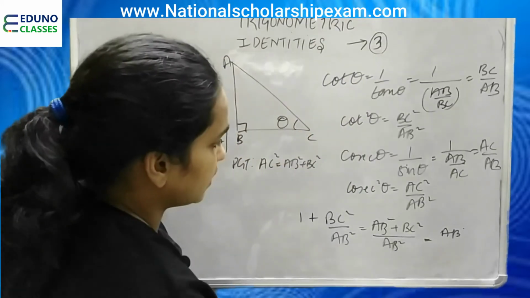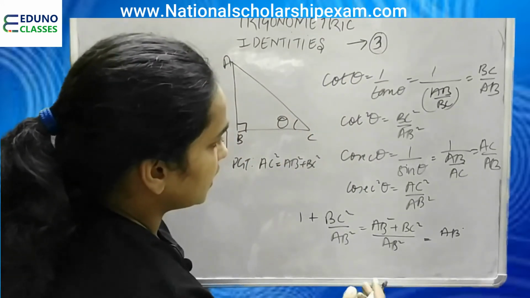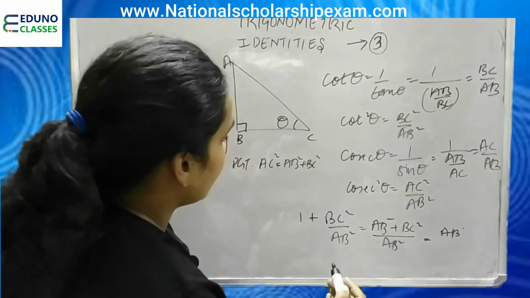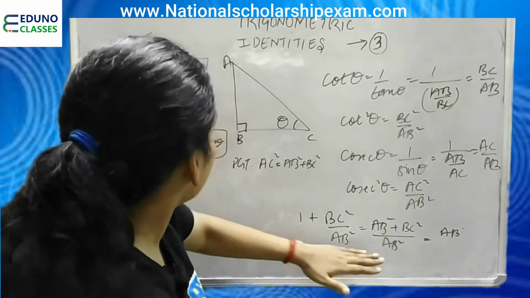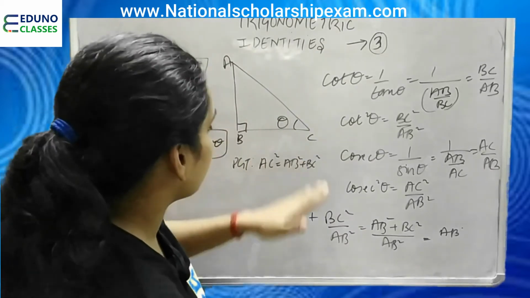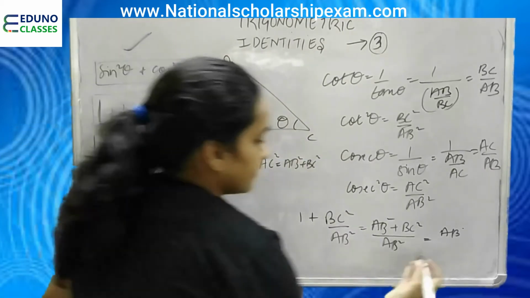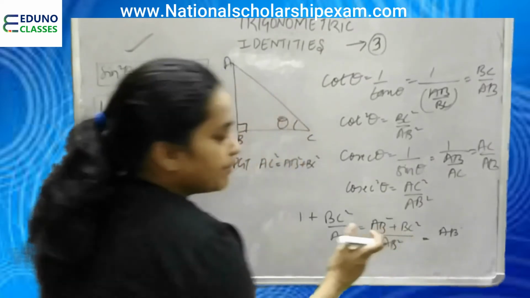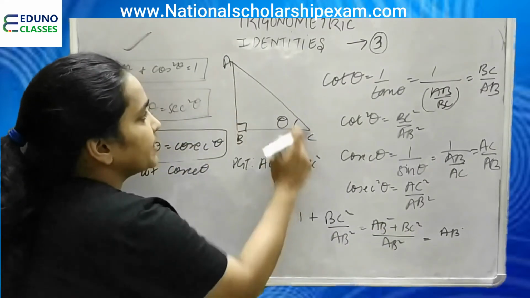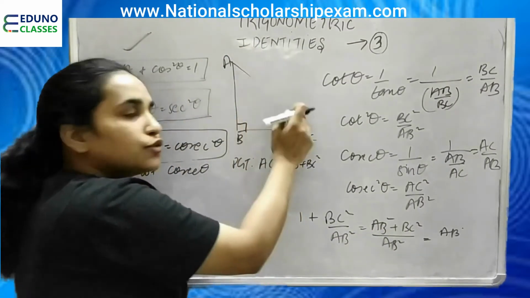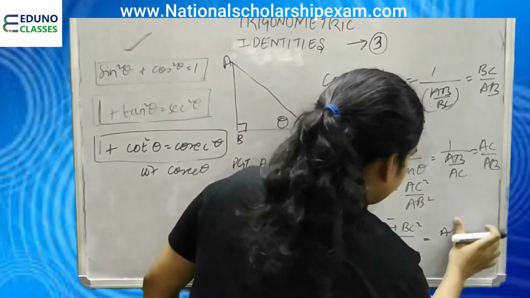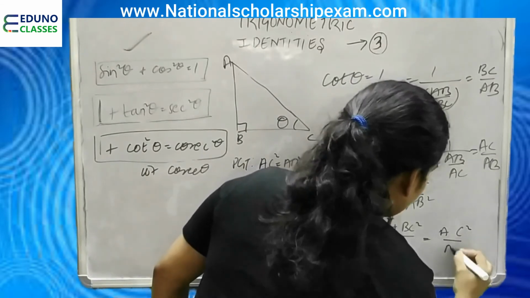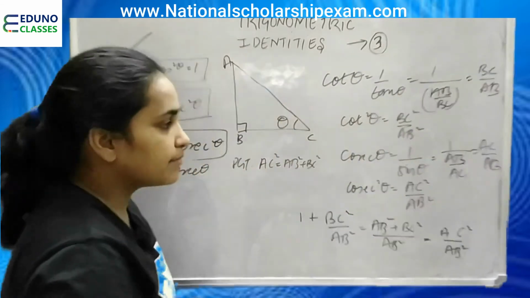So AB square plus BC square gives hypotenuse square. So hypotenuse is AC square, and the LCM remains the same.